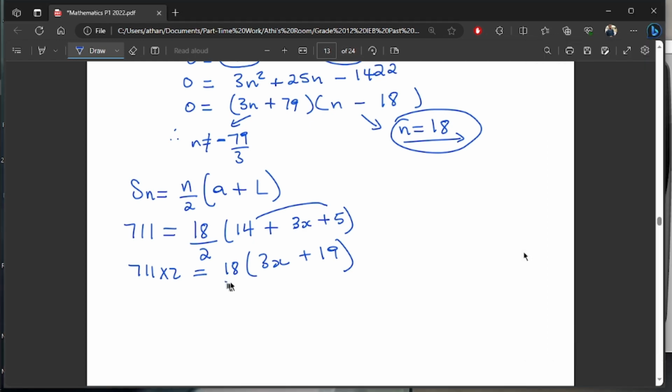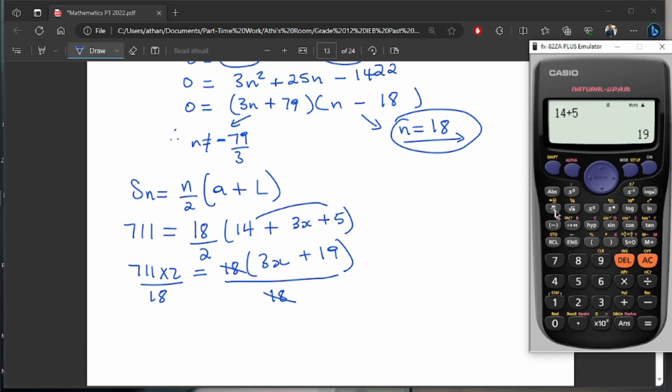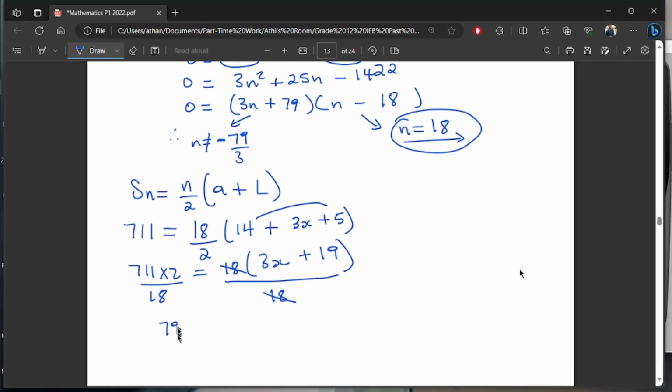I'm going to divide by 18 both sides so that I can eliminate 18 there. And let's see what we get on that fraction. That fraction is 711 times 2 divided by 18. That is 79. So I put 79 there, equal to 3x plus 19.